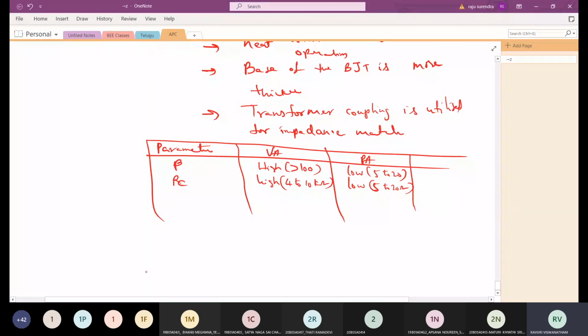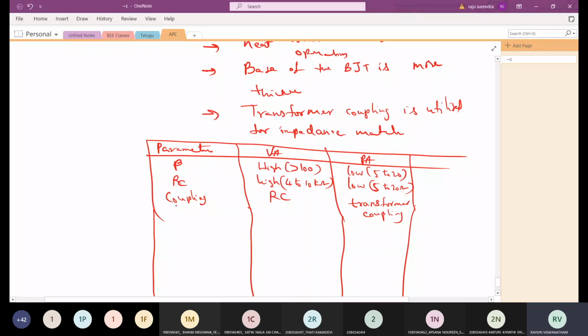And coming to the coupling, here we may use RC coupling. But in this, transformer coupling.